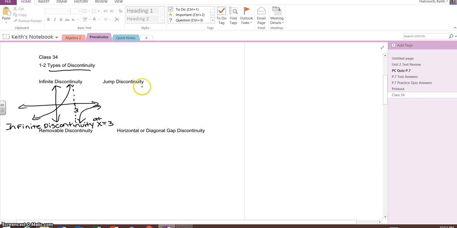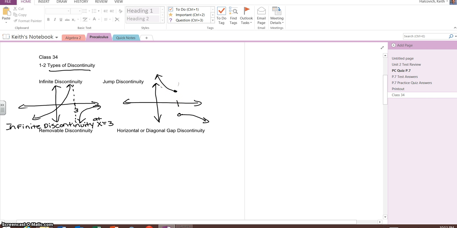A jump discontinuity is something like this, where you have a graph and a dot there, but then it jumps and has an open circle and goes somewhere else. So there's a space here and it jumps.